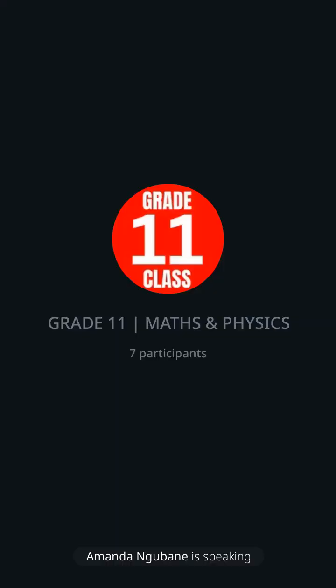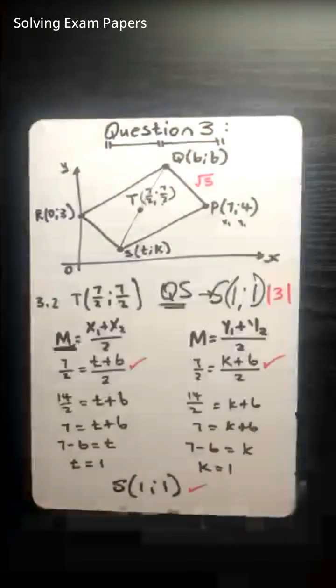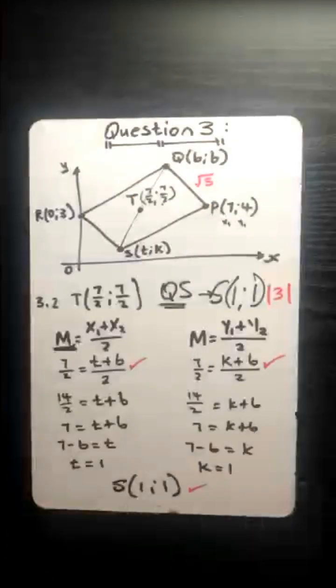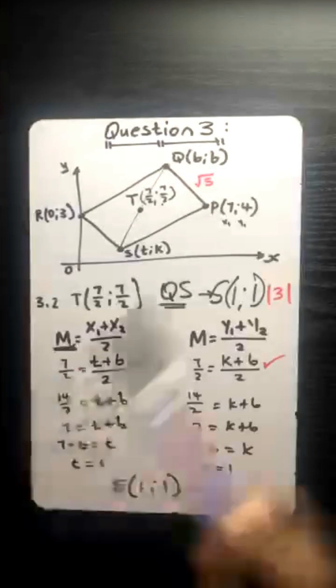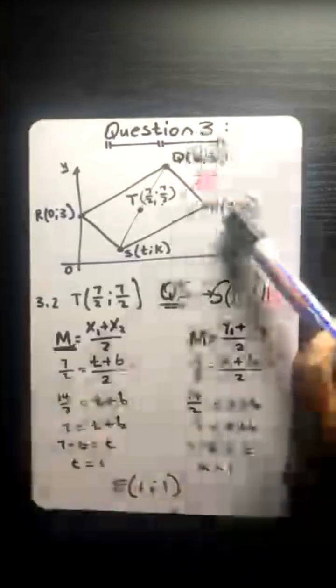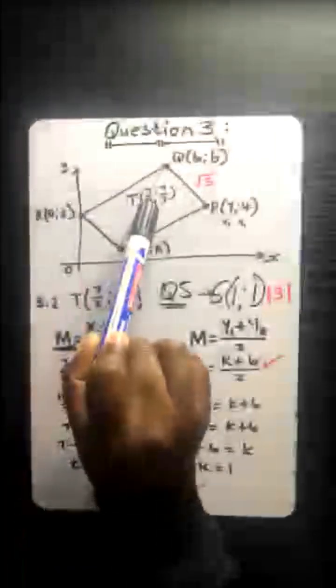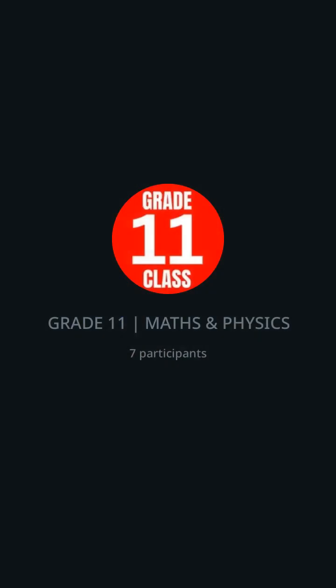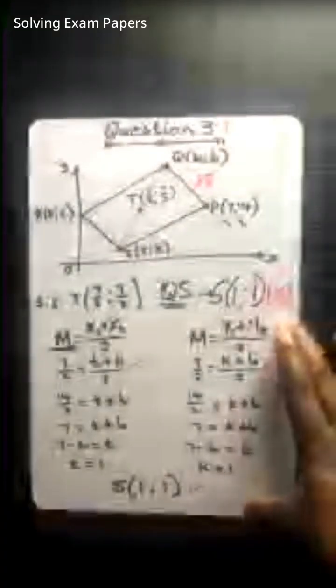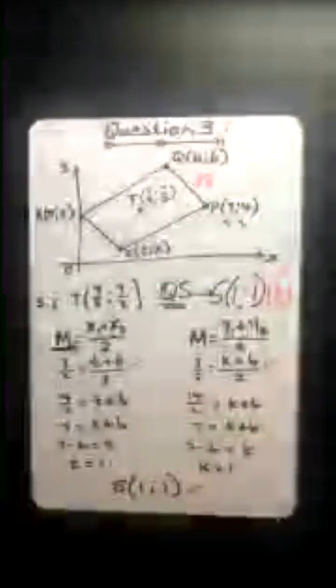So just always remember that. The examiner won't say there's a point and there's a point, and calculate the midpoint. Sometimes they give you the midpoint so that you calculate the other point, and that is the tricky part. But it's easy because you've seen how it's done.